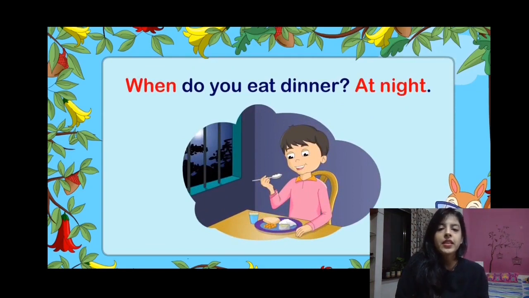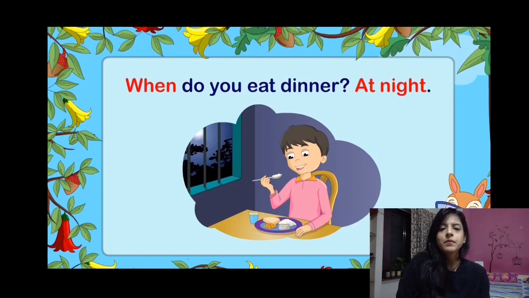Okay, let's see another question word. When do you eat dinner? So now we are using when. When is used to ask questions about time. So the answer is we eat dinner at night. So night is a time, right? So we use the question word when while using time, date, day.